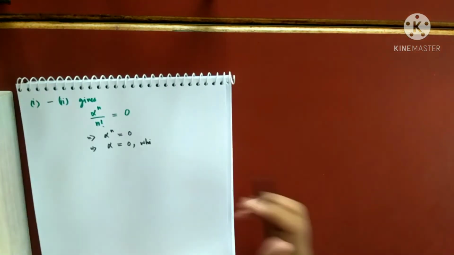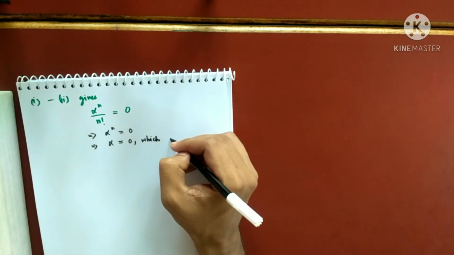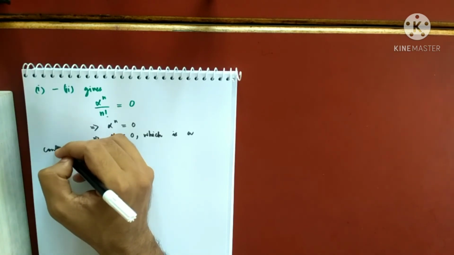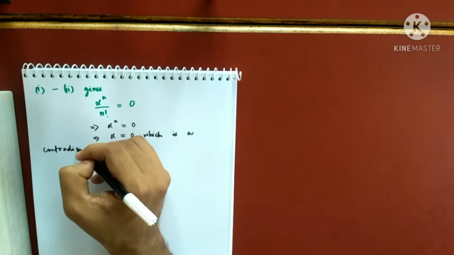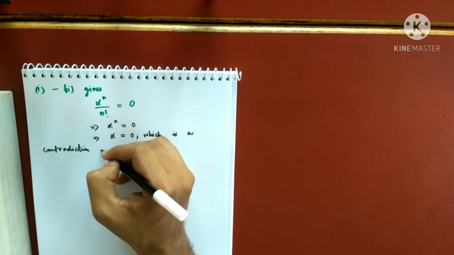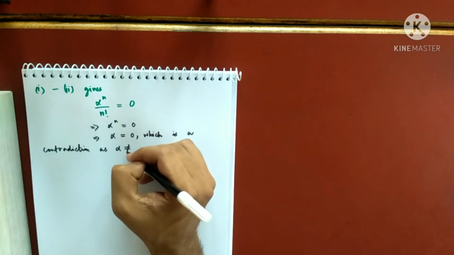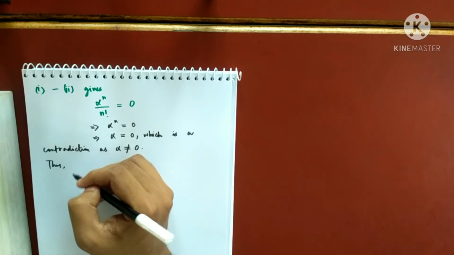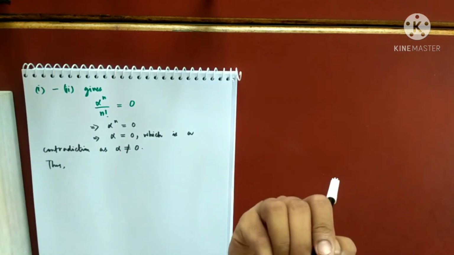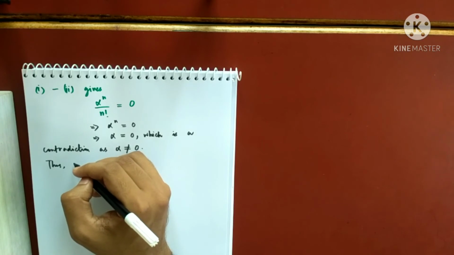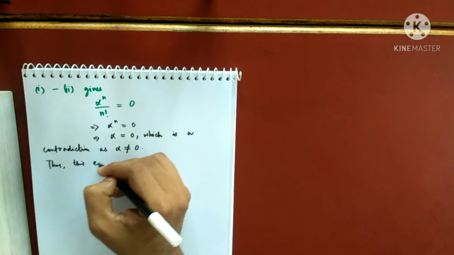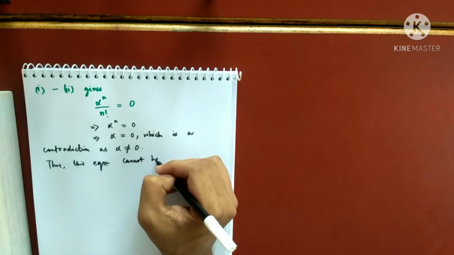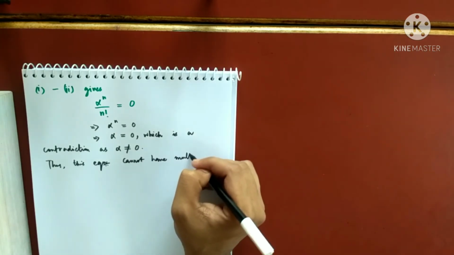Which is a contradiction as alpha is not equal to 0. Thus our assumption was wrong, that alpha is a multiple root. Thus this equation cannot have multiple roots.